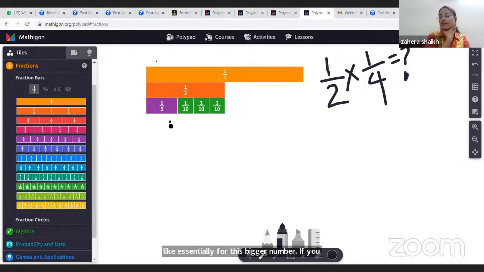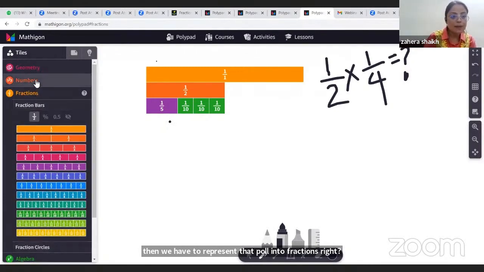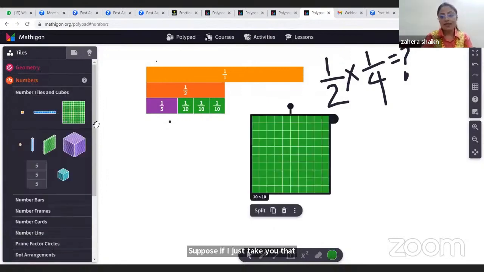If you have 1/38 or 2/74 or 1/100, 2/100, at that moment we have to take the Dienes blocks. The Dienes blocks that we have learned as a whole, then we have to represent that whole into fractions, right? So big numbers I can represent using the Dienes blocks.